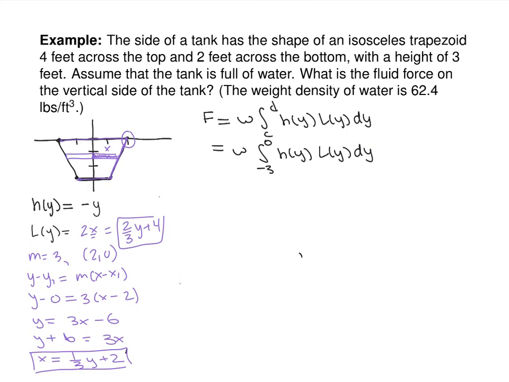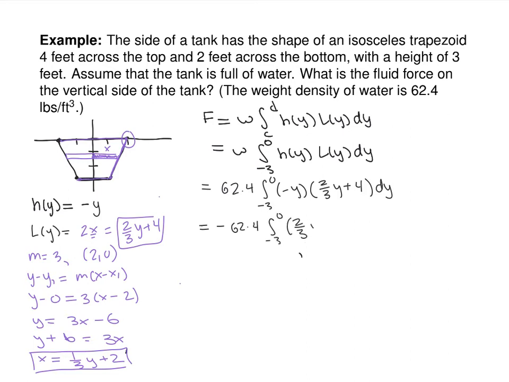All right, so let's plug those things in and go. So weight density, 62.4. The integral still goes from -3 to 0. H of y is still -y, and L of y is 2/3 y plus 4. I'm going to take that negative out and distribute the y.